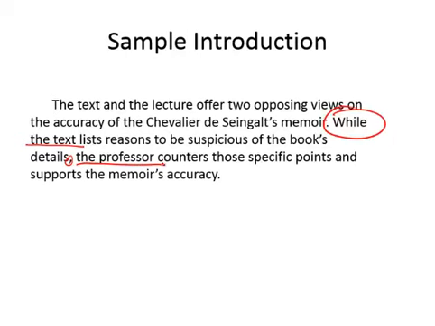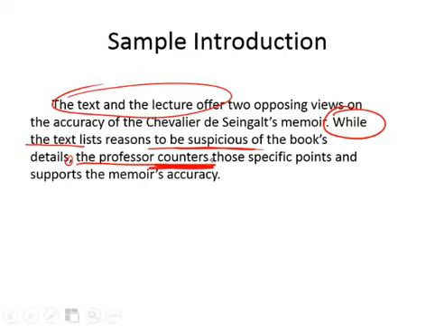This gives us contrast. It's more about the relationship. This gives us a little bit more detail, a little bit more explanation of this relationship. But it's not very concrete. It's not very specific. We only know that the text is suspicious and the professor disagrees.